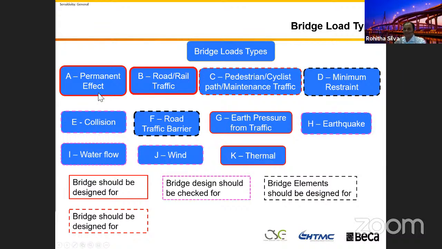So you can see I marked all of these in the red circles. I put here, bridge should be designed for these loads: permanent effect, traffic, and thermal effect. You will see this because I want to clearly explain it to you. When people design bridges, sometimes they don't understand what they do.